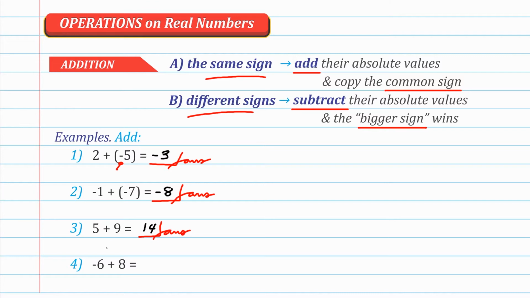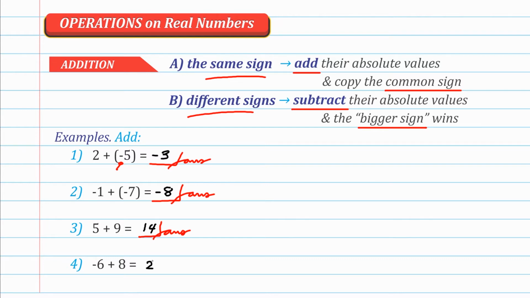Last example in our recall. We have -6 and +8. We're adding again, but they have different signs. When you have different signs, what do we do? We subtract their absolute values. That means we subtract 8 minus 6. Of course, the bigger one comes first. So 8 minus 6 is 2.